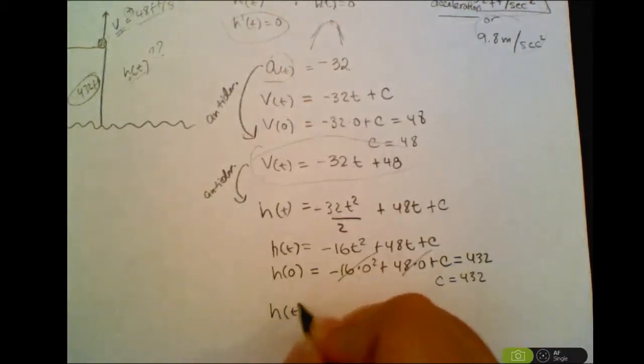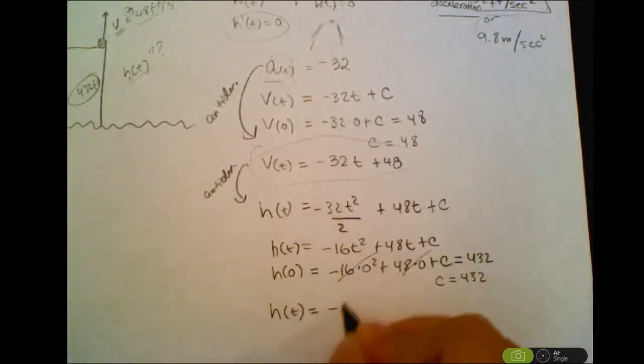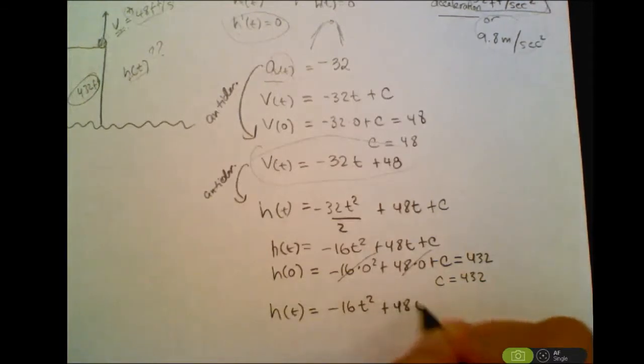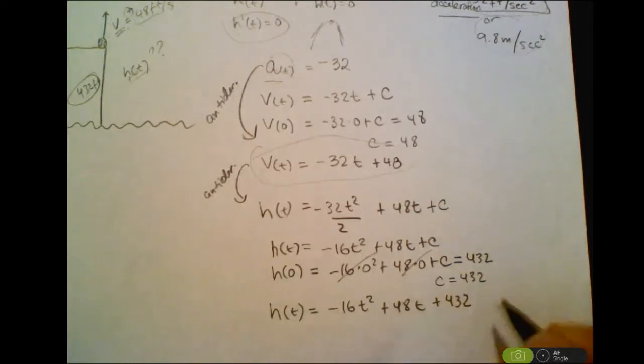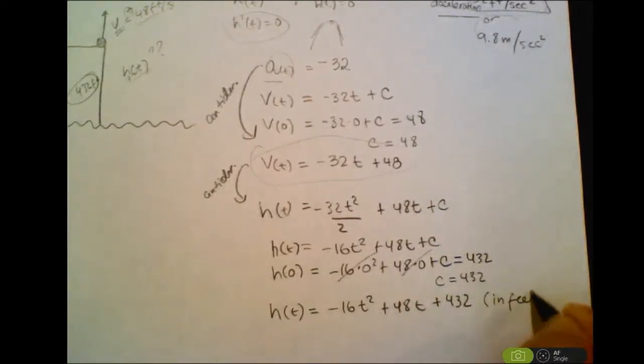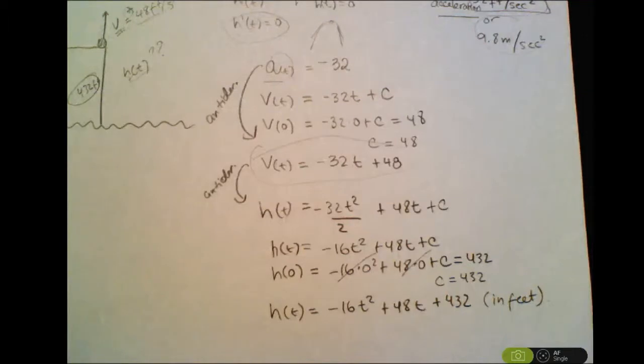So the height that depends on time is given by negative 16t squared plus 48t plus 432, and this gives me the height in feet. So I actually found the first part of the question, which said find the height above the ground t seconds later.